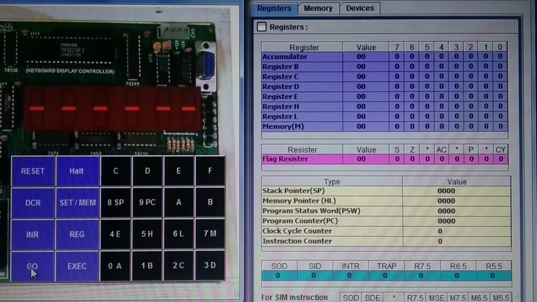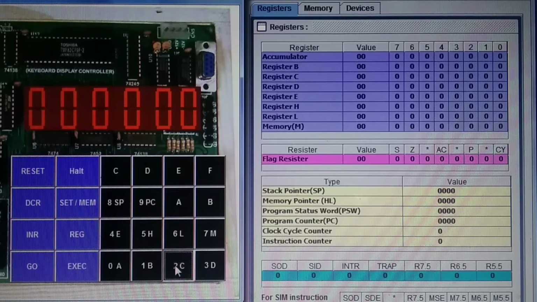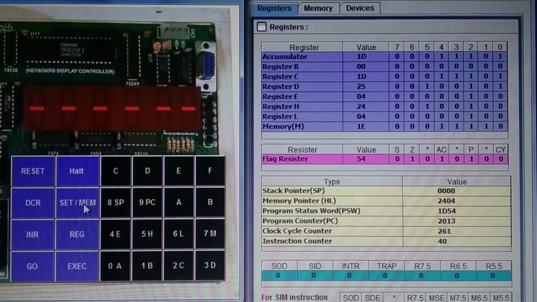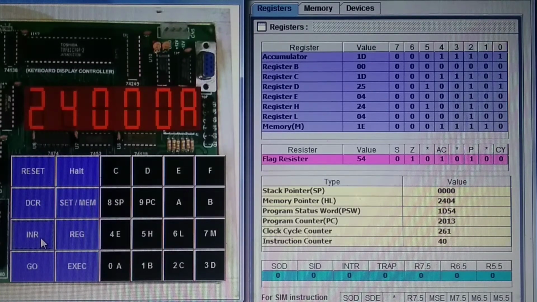Reset, go 2000 and execute. The program gets executed, check the result. Reset, examine memory 2400, increment. You will get the numbers 0A, 0B, 0C, 0D, 0E.